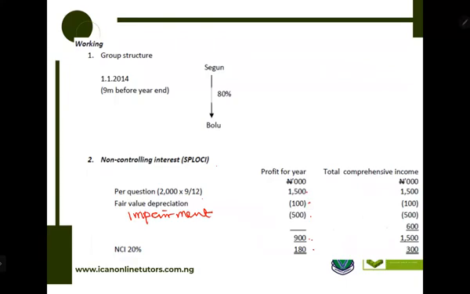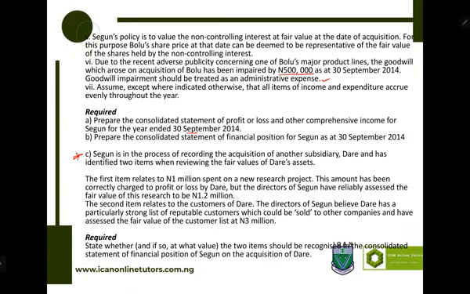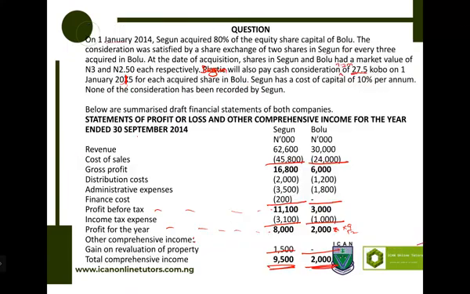This 600 is revaluation surplus. And revaluation surplus only affects other comprehensive income. To actually check for that, go to your income. You can see gain on revaluation property. Segun 15, Bolu nothing.